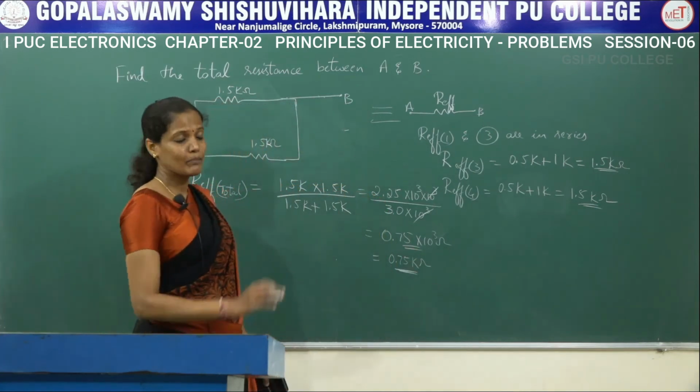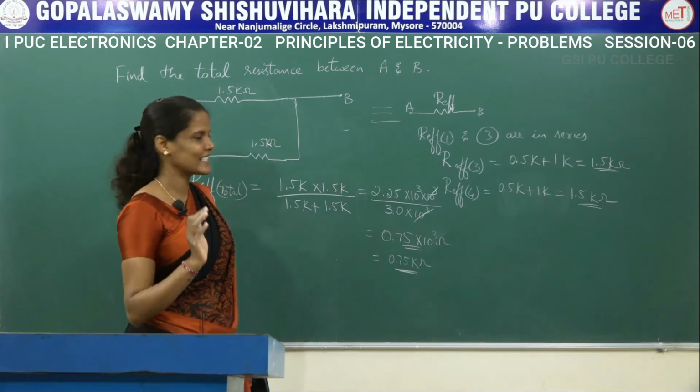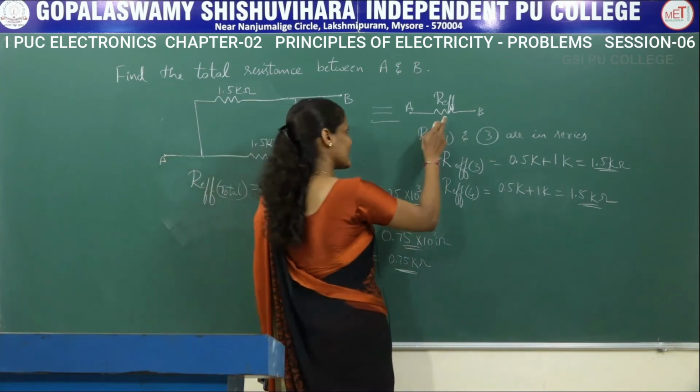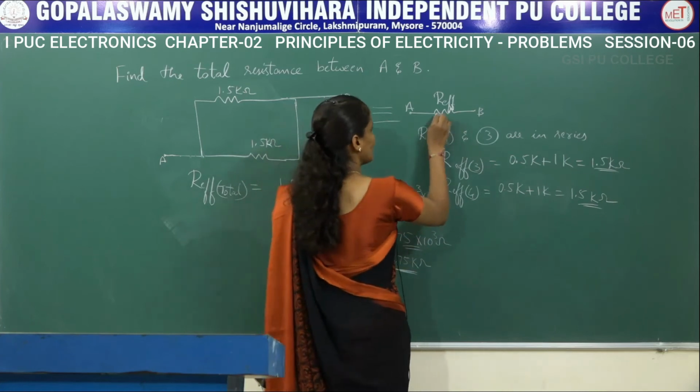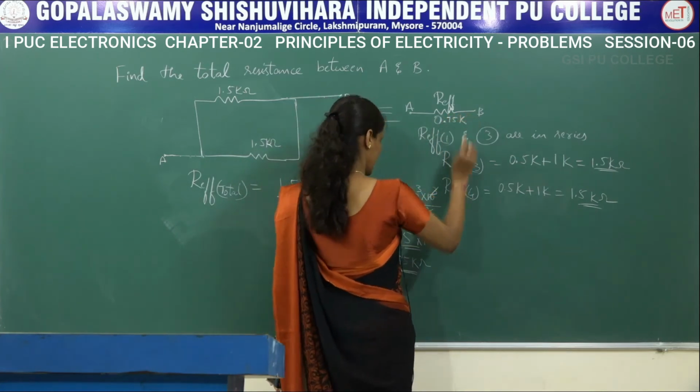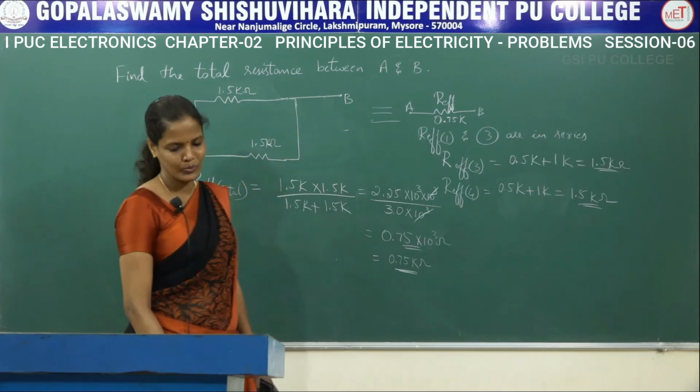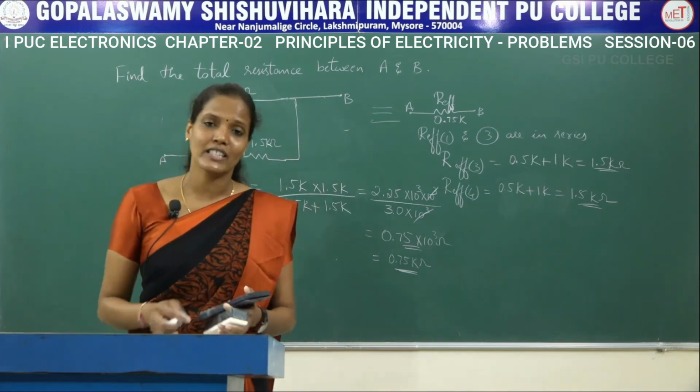So in place of all the 6 resistors, I can place only a single resistor whose value is equal to 0.75 kilo ohms.